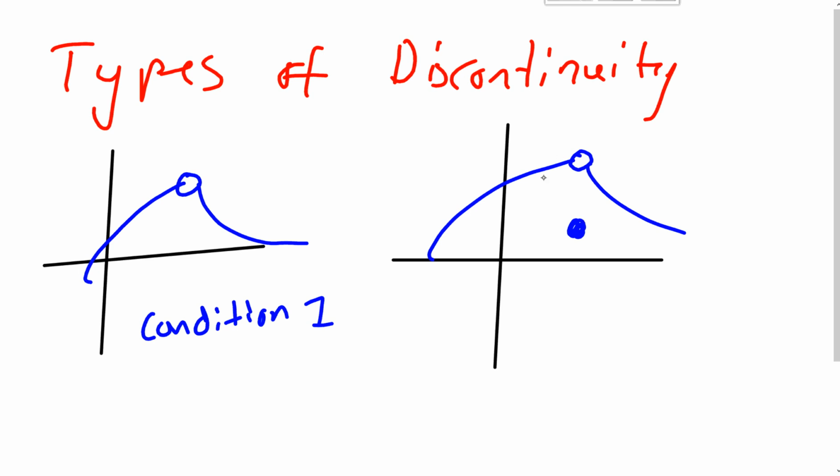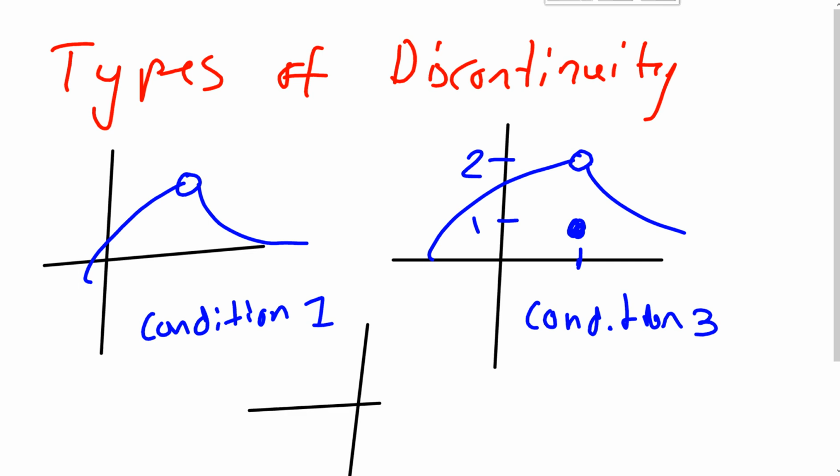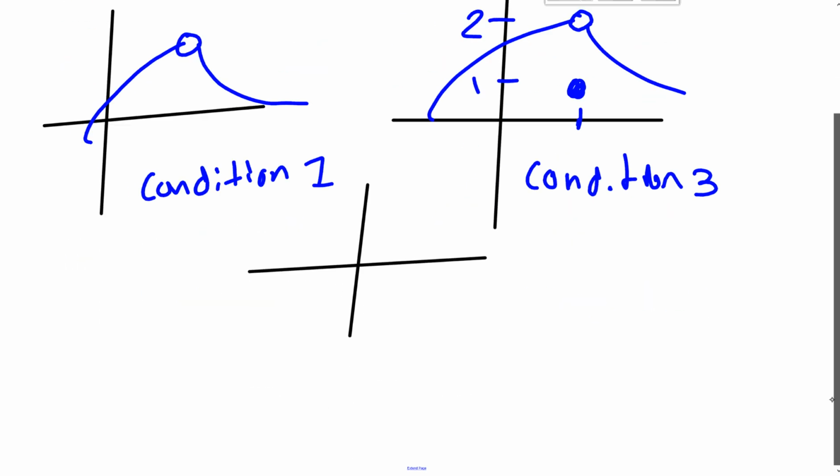But in our limit here, say it is 2, and this is 1. Here this would fail condition 3, because f of a is not the same as the limit. So that would be condition 3. Condition 2 is where the limit exists.